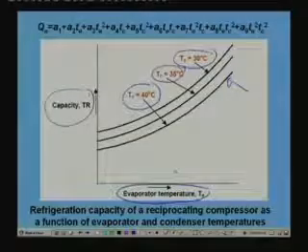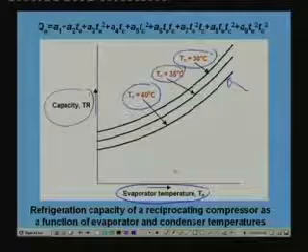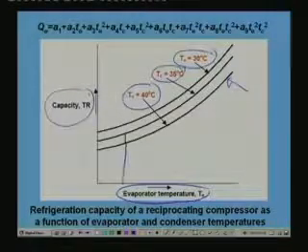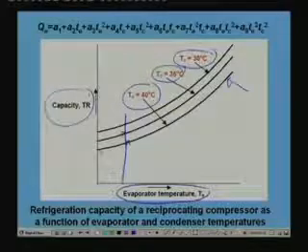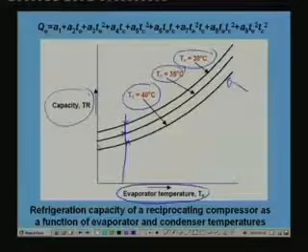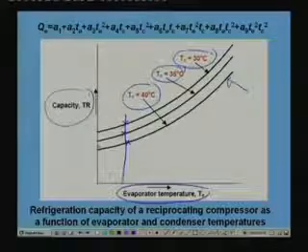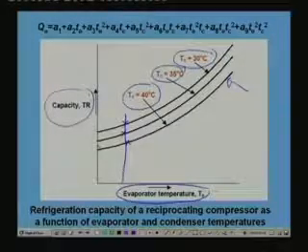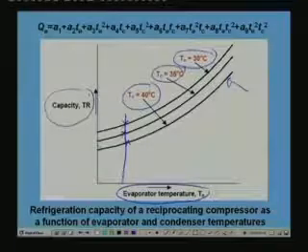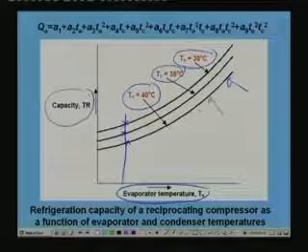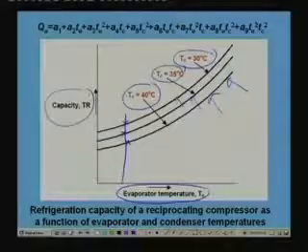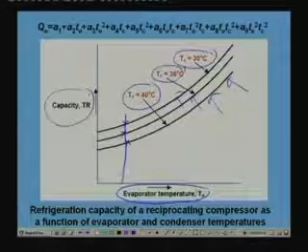You can also see here that at a given evaporator temperature, as the condenser temperature reduces, the capacity increases. These aspects we have already discussed while discussing the reciprocating compressor. Now you have three curves, for three different condenser temperatures, as a function of evaporator temperature.